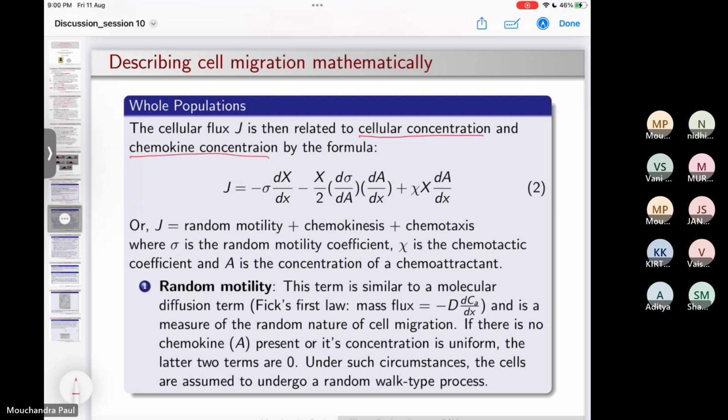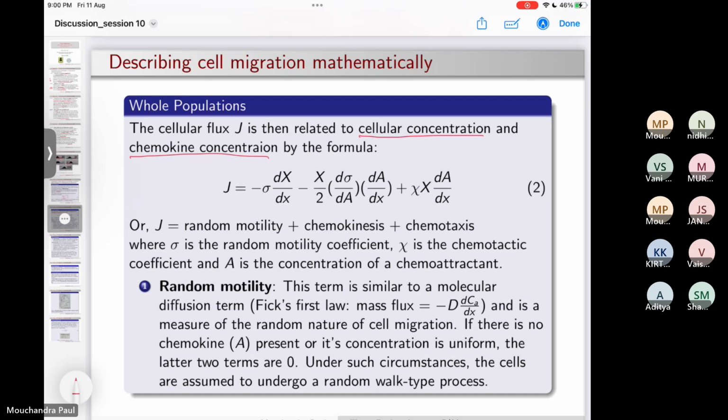We have recently studied a similar process where cells are calling each other and doing a particular task. Can you guess what process I'm hinting at? It's wound healing, right? In wound healing, initially there are platelets.